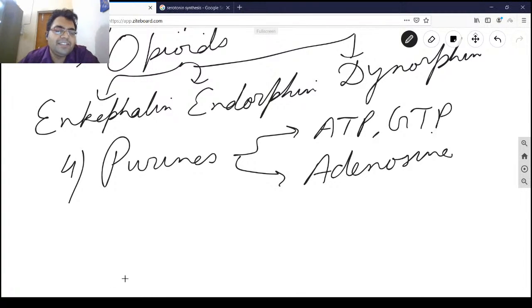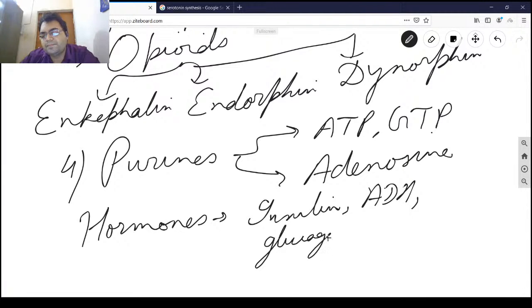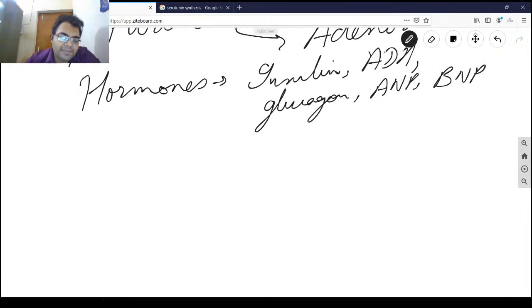Then BNP, released from the ventricle of the heart, glucagon, secretin, many are there. They act as neurotransmitters too.